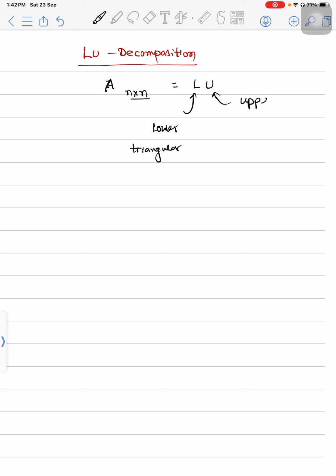Okay. So usually the obvious question that will appear in your mind is, when can we decompose a matrix, or can we decompose every square matrix? Obviously we are talking about square matrices. So let's start with an example.